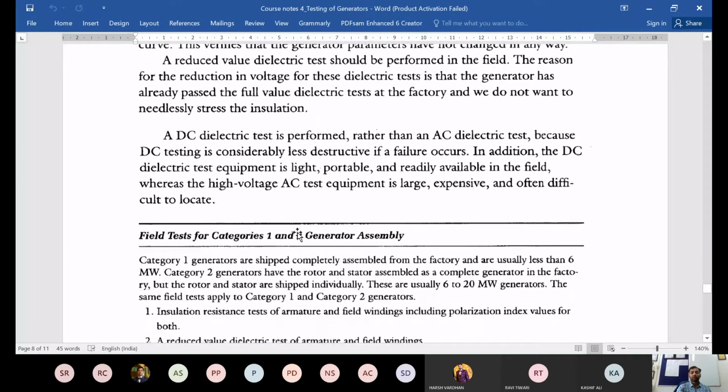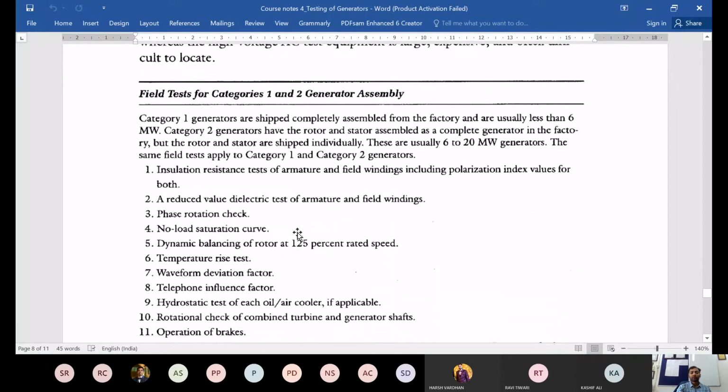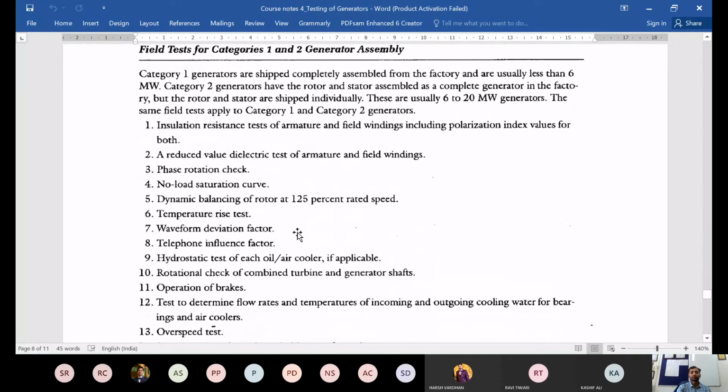So combining all these things together, this is the table for field tests for category 1 and 2 generators. Insulation resistance test of armature and field windings, including polarization index values for both. Reduced value dielectric test of armature and field windings, phase rotation check, no load saturation curve. Dynamic balancing of rotor, it is a mechanical test at 125% of rated speed.